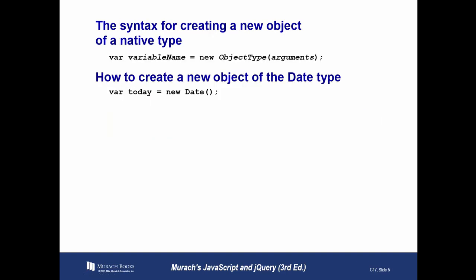All right. Here's a couple different ways that you can create a new instance of an object type with a new keyword. You can also create a new instance of an object type by simply declaring a variable with a literal type.